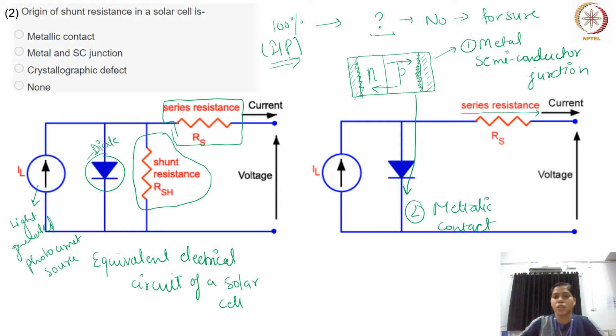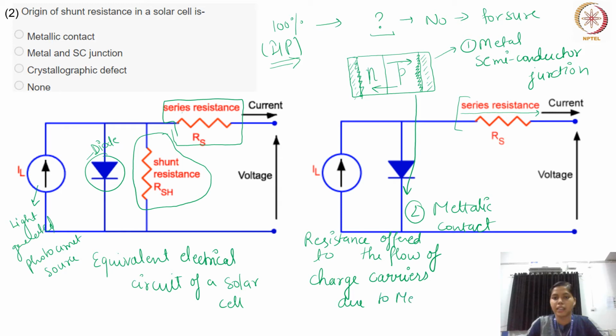So the resistance offered to the flow of charge carriers due to the metal semiconductor junction and the metallic contact, that is your series resistance, denoted by capital R suffix S.